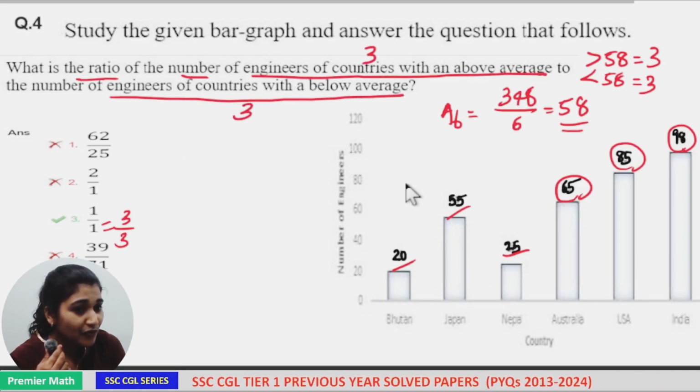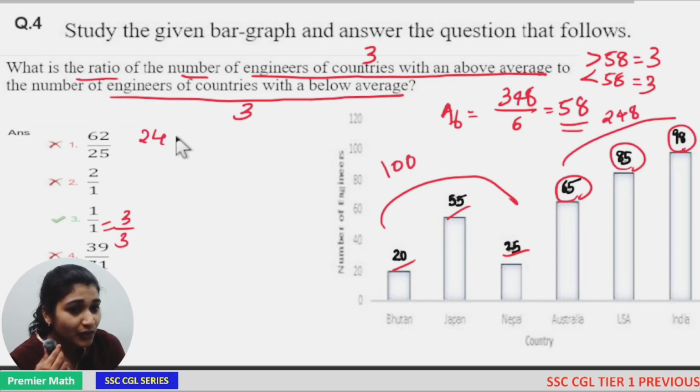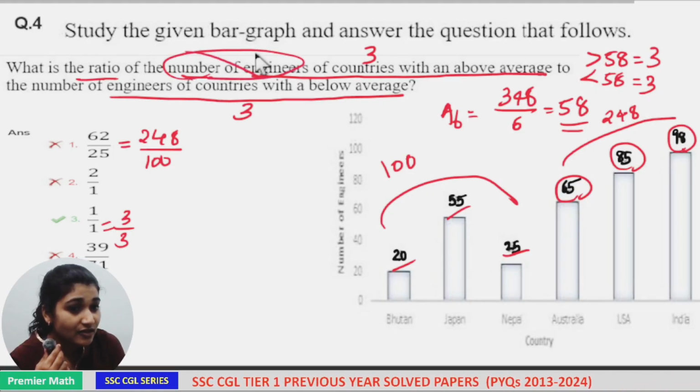Here number of engineers of these 3 countries is equal to 100, and these 3 countries is equal to 248. Now if you're taking the ratio, 248 divided by 100 is same as 62 by 25. That is wrong.